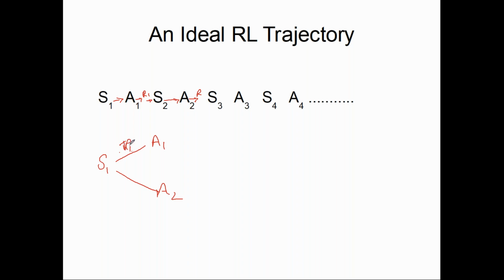From a state you may take numerous actions A1, A2, A3, with probabilities P1, P2, P3. Same way, when you take an action, you arrive at the next state, sometimes S2 or S3. So here there is another probability which we call the environmental probability.